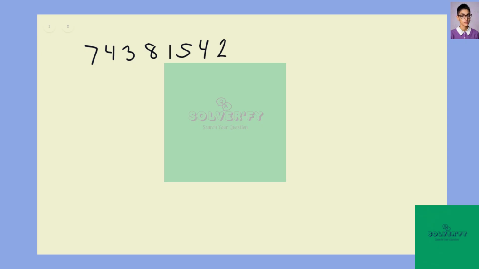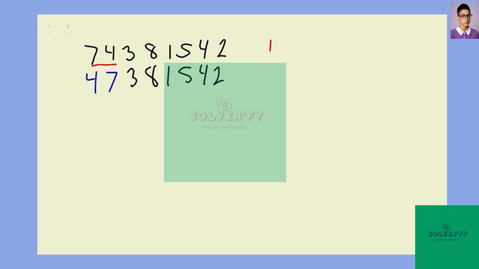And so it's going to start out the same way, where we compare 7 and 4 to get one comparison. And it starts us off with 4, 7, 3, 8, 1, 5, 4, 2.